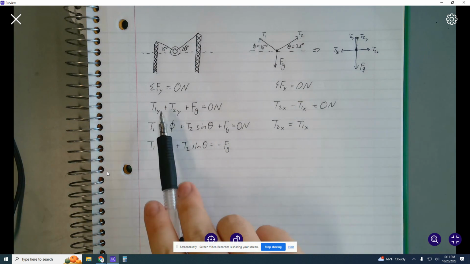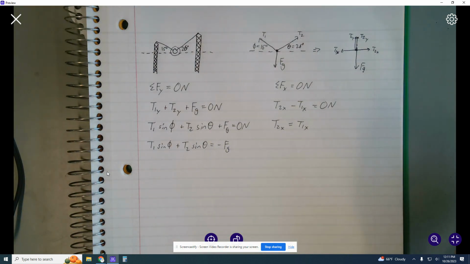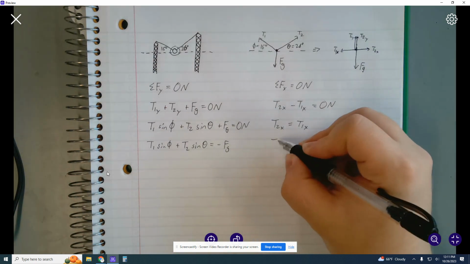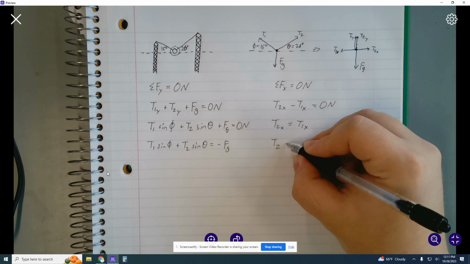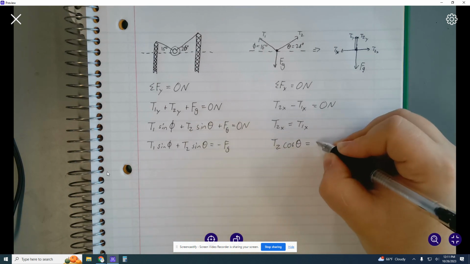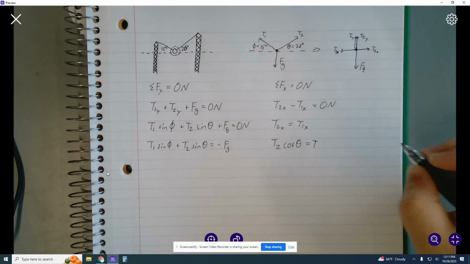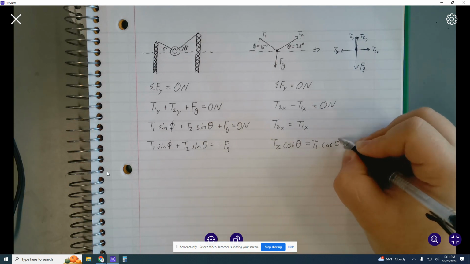Same deal as over here with the y's. I want these in terms of T1 and T2, not T1 and T2 in the x. So I'm going to use trigonometry. T2 in the x is equal to T2 times cosine of theta. And T1x is equal to T1 cosine phi.